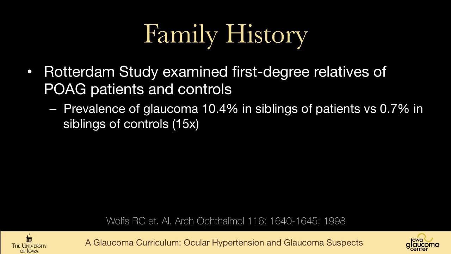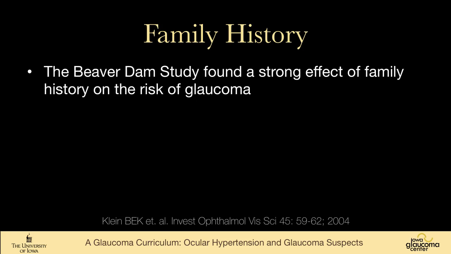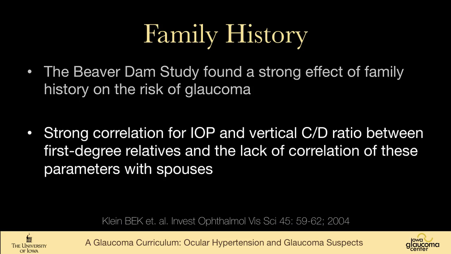So a 15-fold increase in risk. The Beaver Dam study also found a strong effect of family history on the risk of glaucoma. And they found a strong correlation for pressure and vertical cup-to-disc ratio between first-degree relatives, and a lack of correlation if they used a spouse as a control.